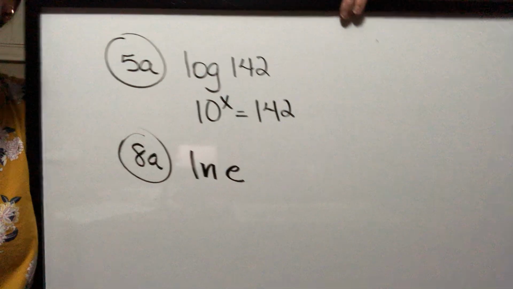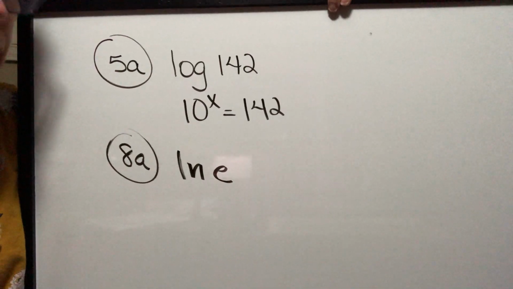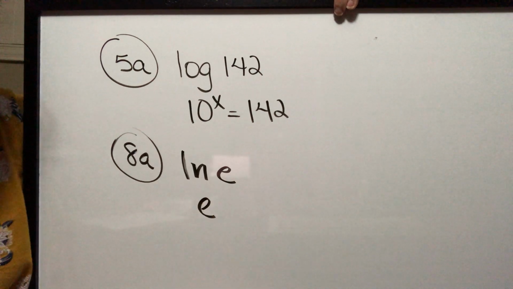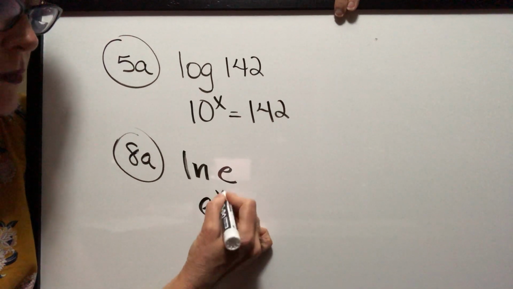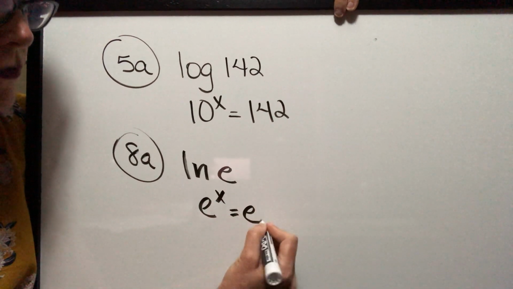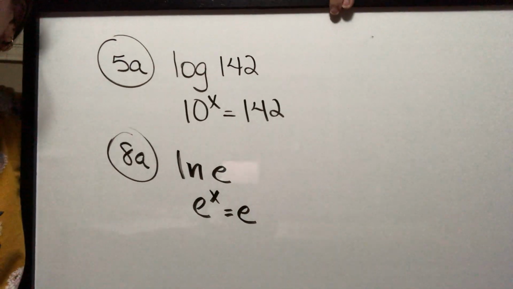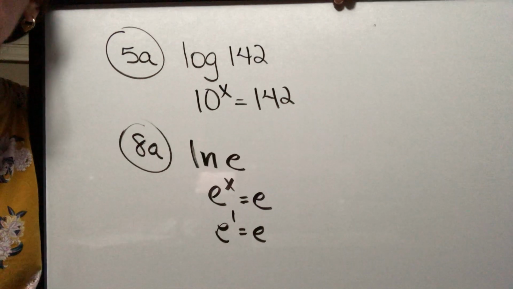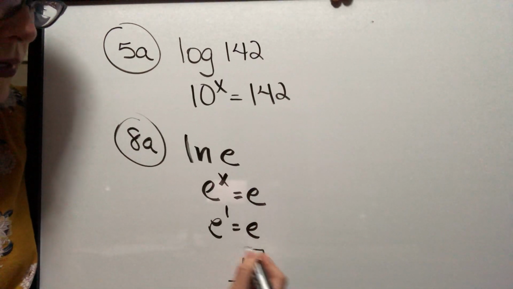If you were asked to do this without a calculator, you'd have to remember that a natural log has a base of e. So you would be trying to figure out what exponent you could take it to that would give you the answer e. Well, keep in mind that e to the first power would be e, so that means your answer is just 1.